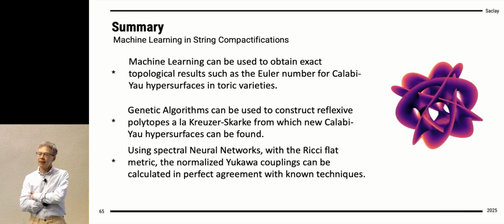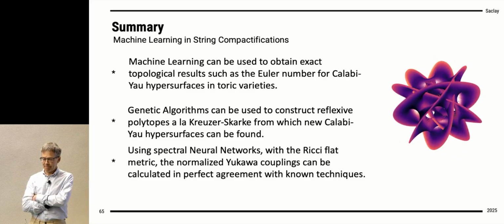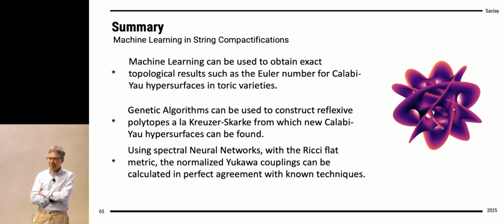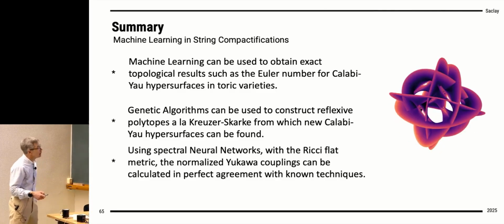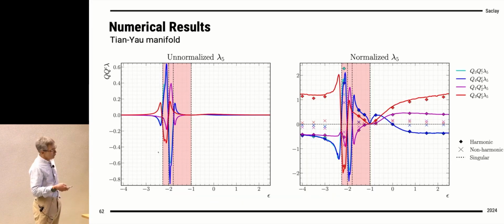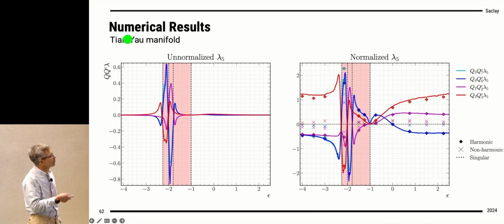So these hierarchies that you get, in principle, you can get some hierarchies from the topological numbers, right? Yeah. In this particular case, one doesn't. So this Tian-Yau. If we're looking here, you can see this part here was what was known before, the unnormalized couplings.